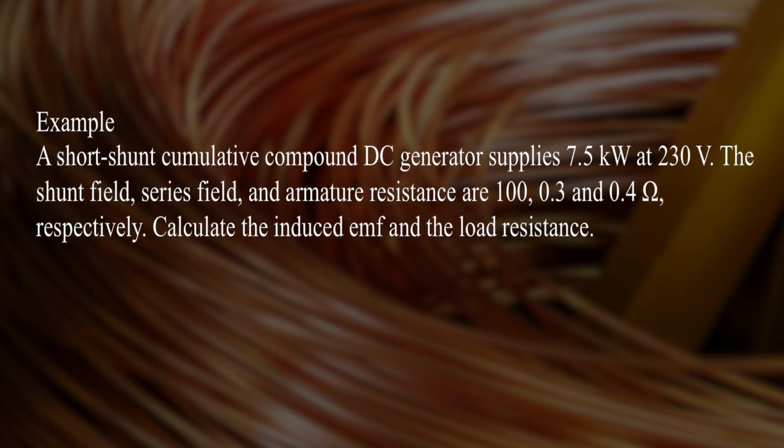A short shunt cumulative compound DC generator supplies 7.5 kilowatt at 230 volt. The shunt field, series field and armature resistance are 100, 0.3 and 0.4 ohm. Calculate the induced EMF and the load resistance.